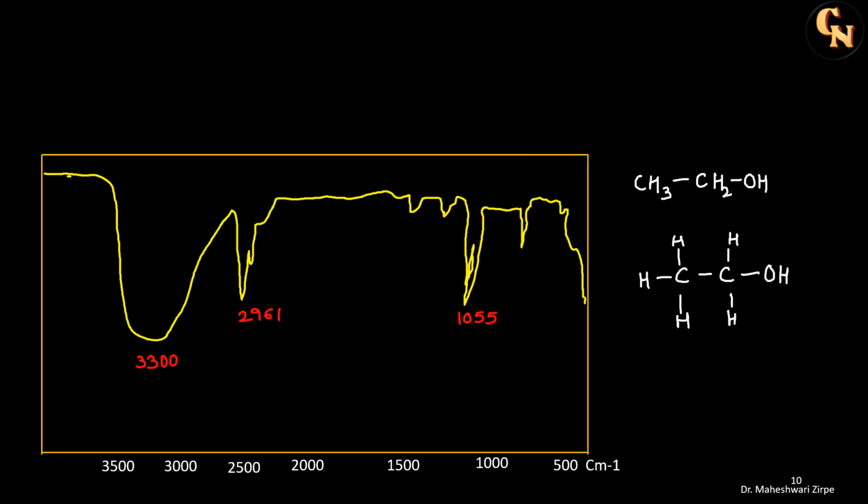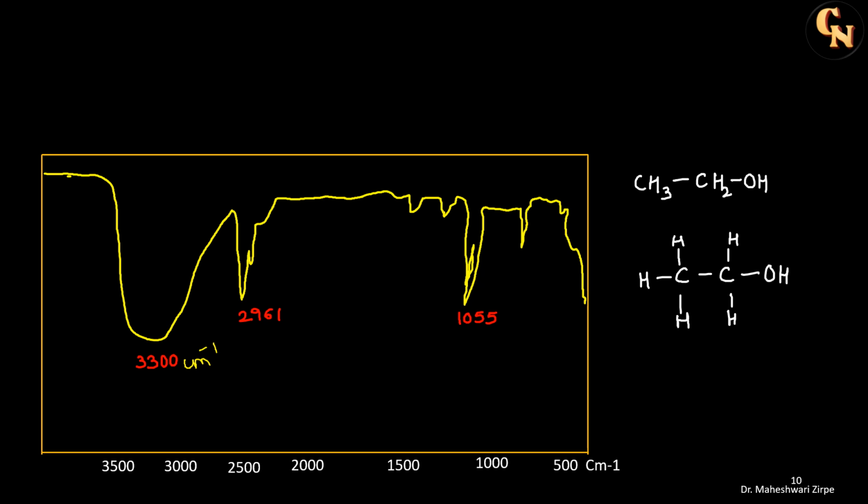In the next IR spectra, there are only three main signals. There are small peaks, but there are three signals indicated here. The first one is at 3300 centimeter inverse, and it is a broad peak.